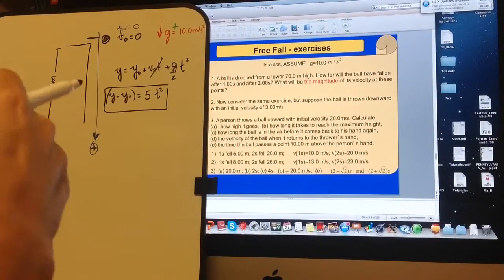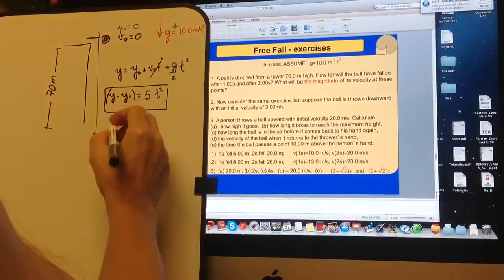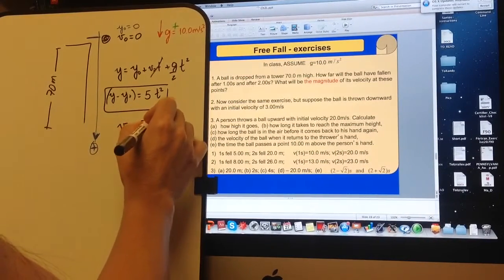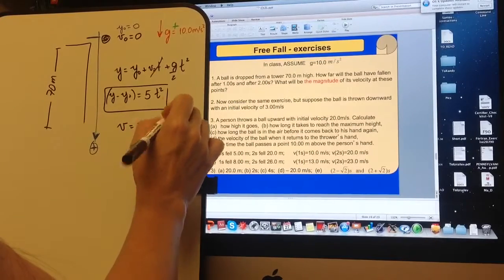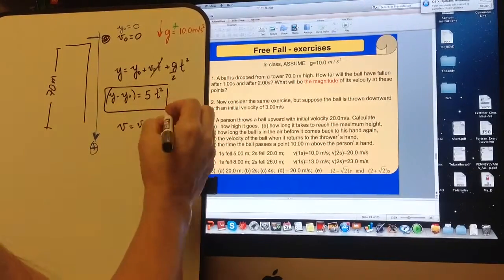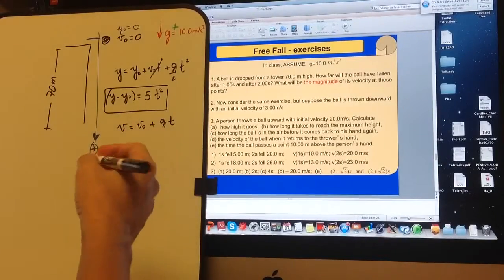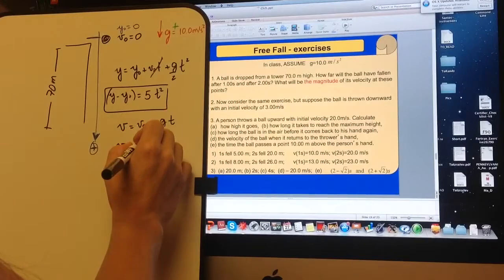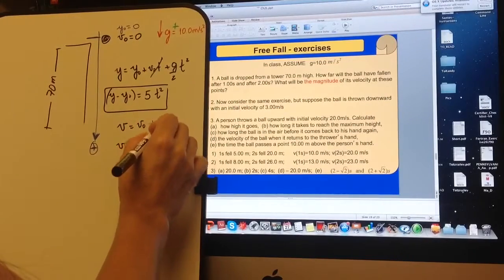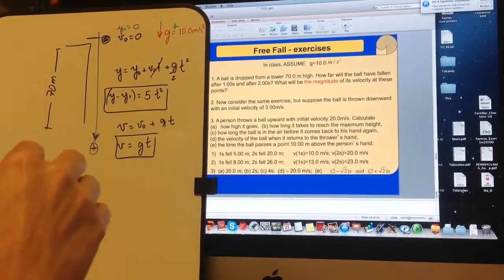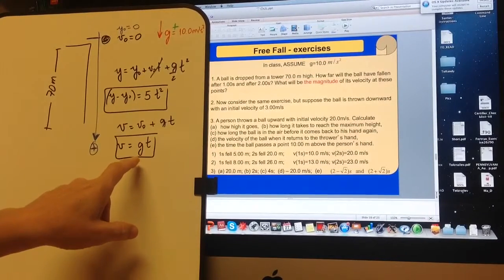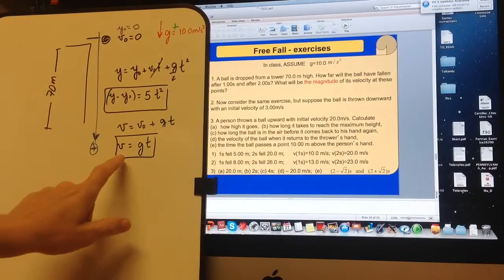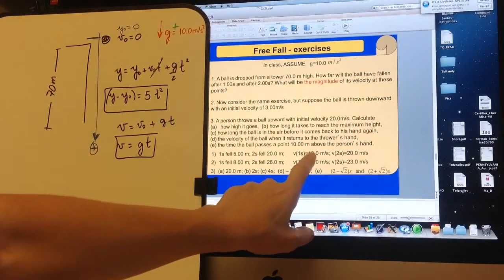Okay. Now let's do the same thing for the velocity. Let me write the equation for the velocity. v is equal to v naught plus gt, right? And I will rewrite this equation, since v naught is 0, as v equals gt. So, again, g is 10, and at time 1 second this will give us the velocity 10 meters per second.